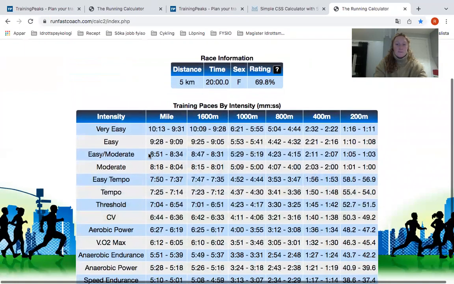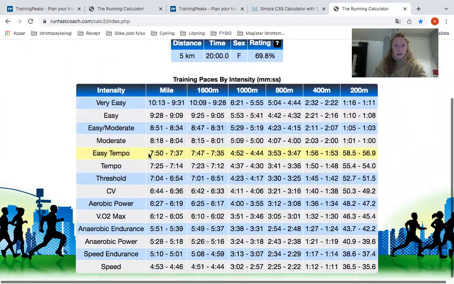And this site here has calculated from your 5K test where about your speed is during different intensities. I want you to have a look in this column here for 1,000 meters.